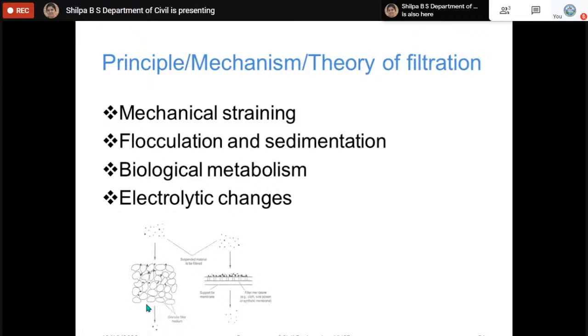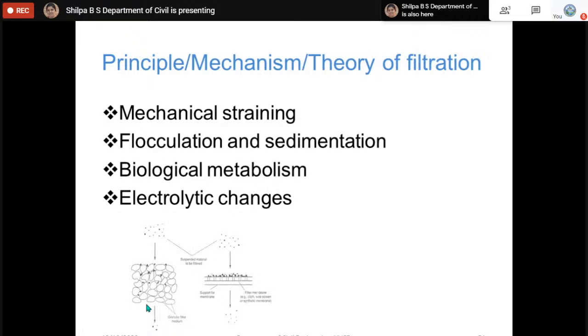The suspended solids present in that water will be held up over the filter media, which is referred to as mechanical straining. And as the finer particles get into those pores, the small pores present in the filter media act as sedimentation tanks, so the finer particles get settled there. That's why the second step we call flocculation and sedimentation.